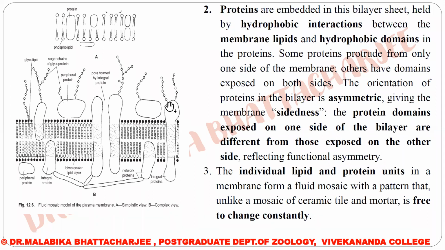Asymmetry means the number of proteins on the outer surface does not equal the number on the inner leaflet. There may be more proteins on the inner leaflet than on the outside. Hence, there is an asymmetric distribution of the membrane proteins.